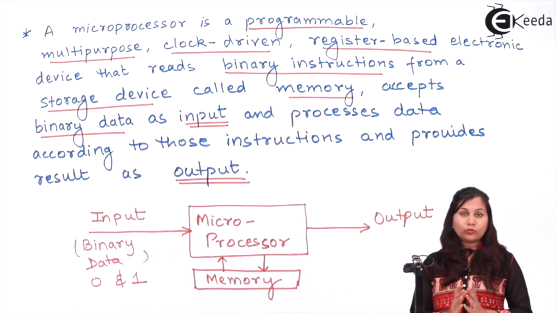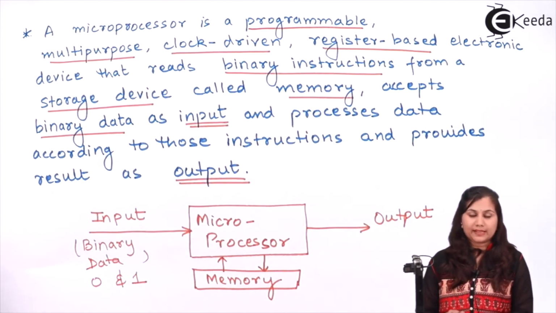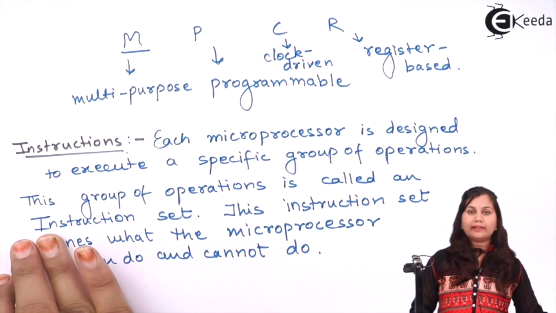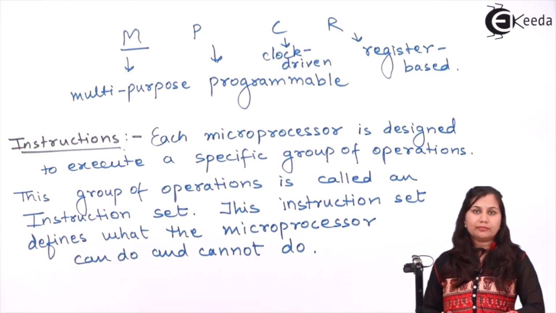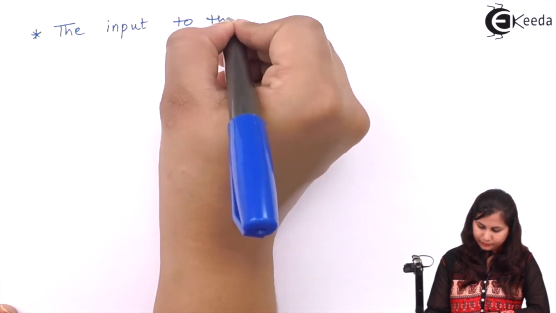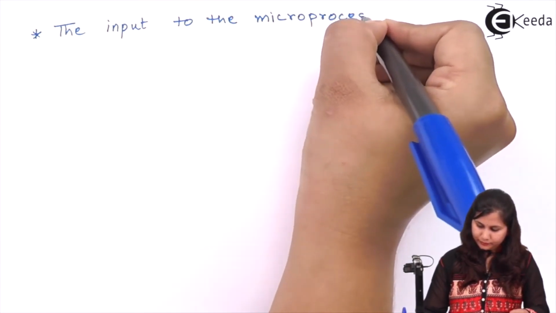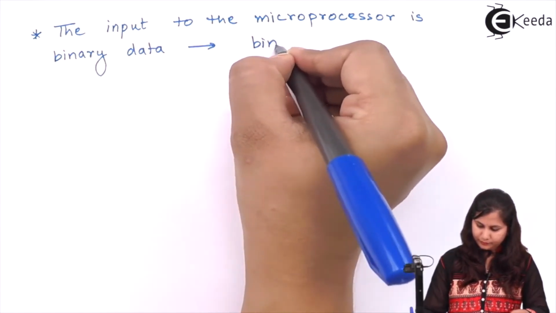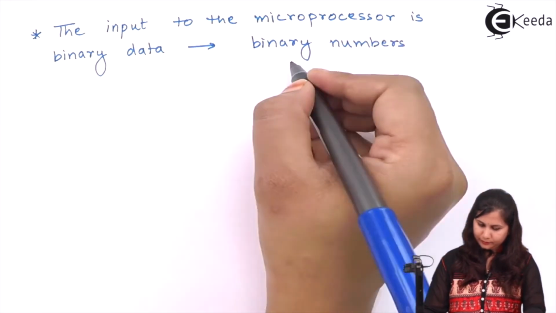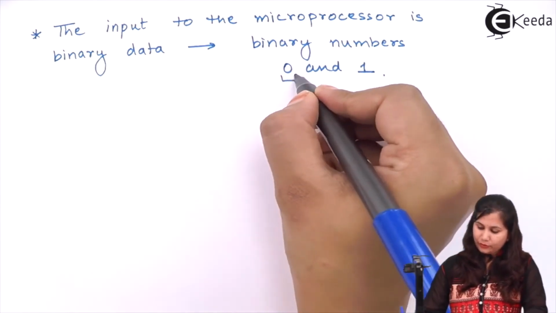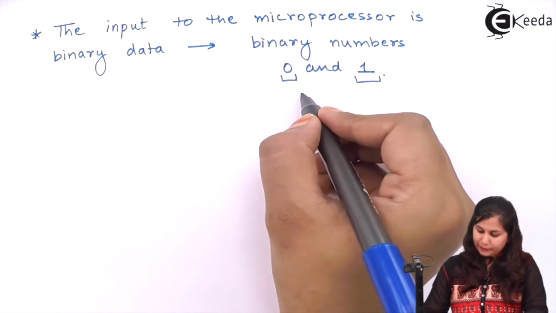Now comes the question: what is the input of the microprocessor? The input of the microprocessor is binary data, and this binary data is in the form of binary numbers 0 and 1. These binary numbers 0 and 1 are also known as bits.